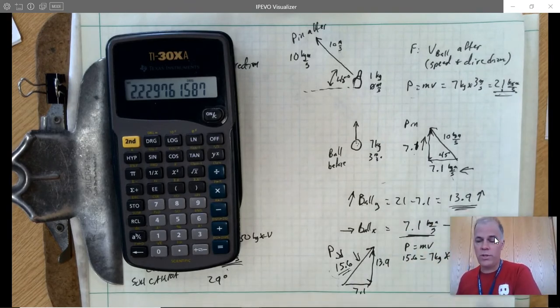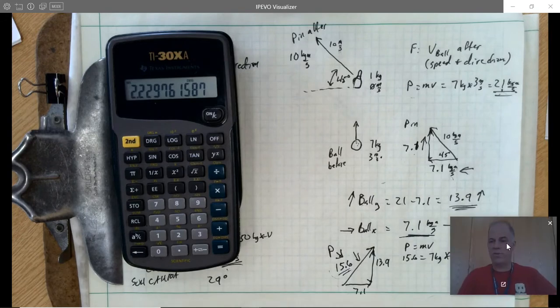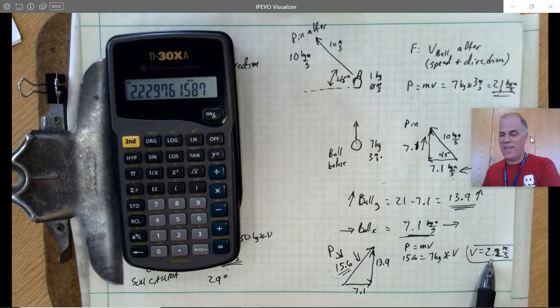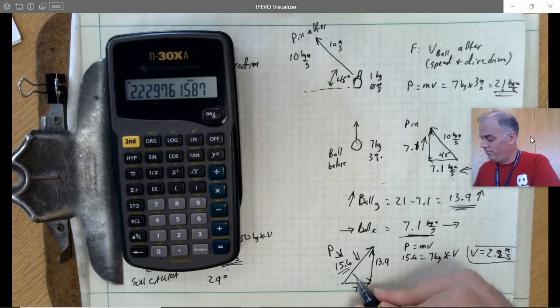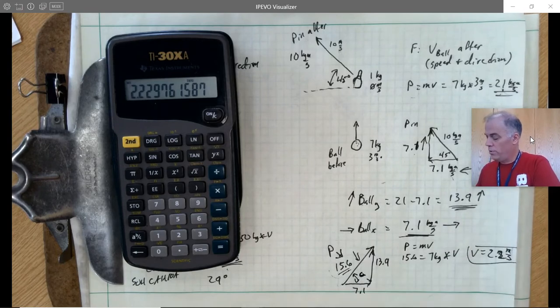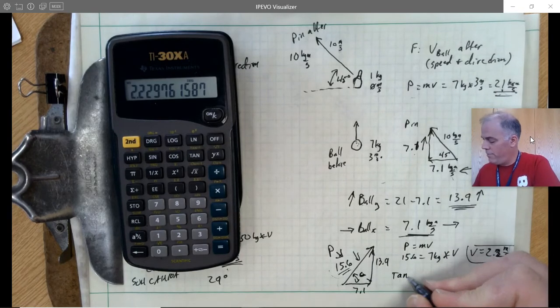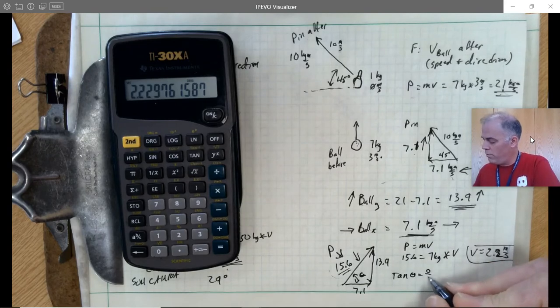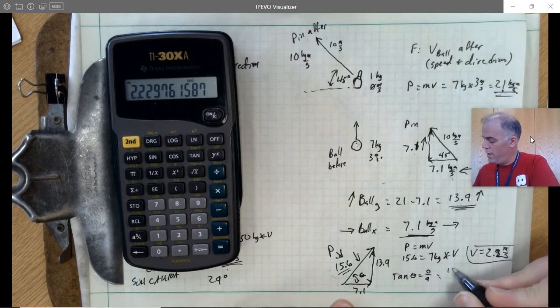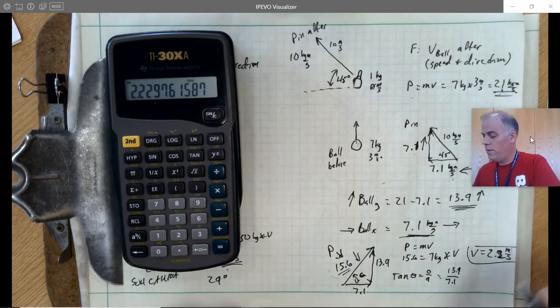Finally, we have to figure out the angle. Again, we use SOHCAHTOA to do that. And let's see, I guess I should move my picture here so that you can actually see what I did. There we are, 2.2 meters per second. Okay, now for the angle, this angle here, we're going to use SOHCAHTOA again. Tangent of theta is the opposite over the adjacent, which is equal to 13.9 divided by 7.1.